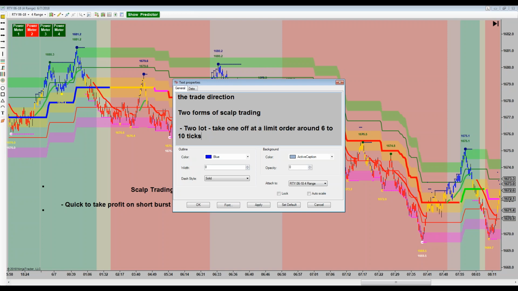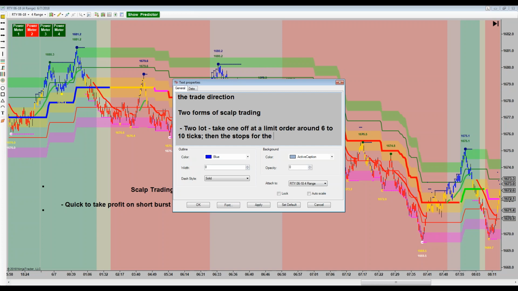Yeah, so you take one off. You put the two lot on, you take one off quickly, and then in this particular style of trading, there are the stops for the runner.